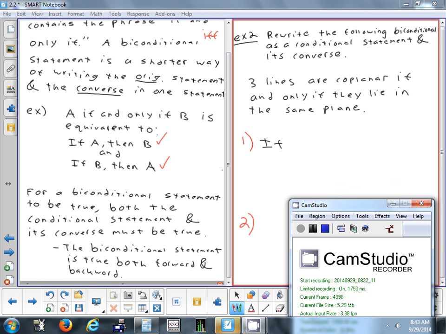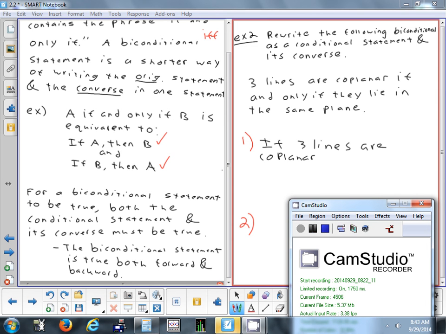Yeah, Connor? If three planes are collinear, then they lie in the same plane. Can you just say that one more time? If three lines are collinear, then they lie on the same plane. Yeah, good. So if three lines are coplanar. I thought you had said planes the first time, three planes, but I think the combination of what you said was correct.